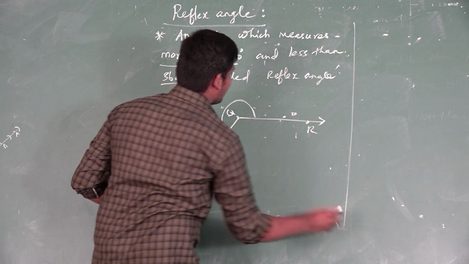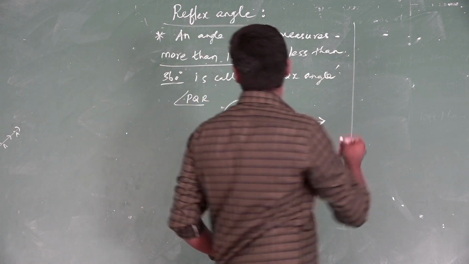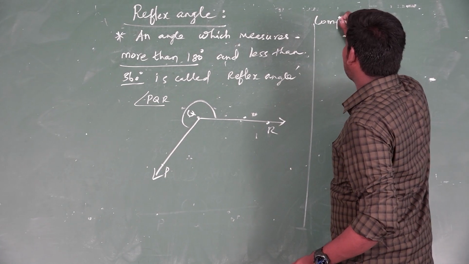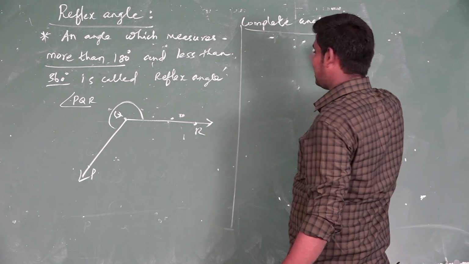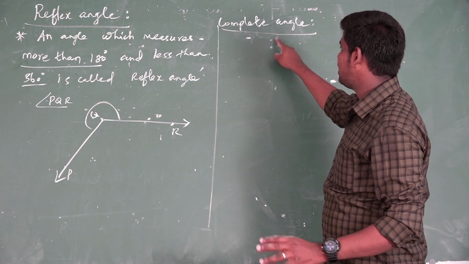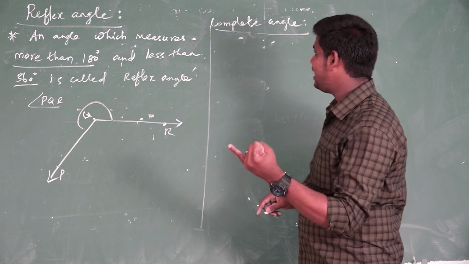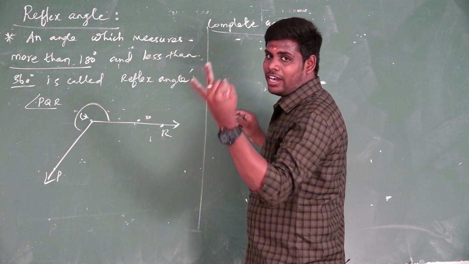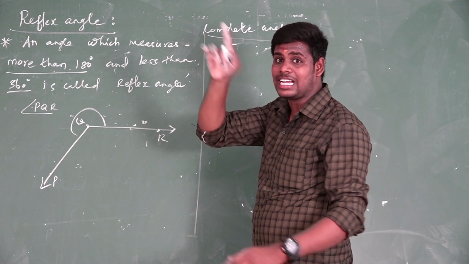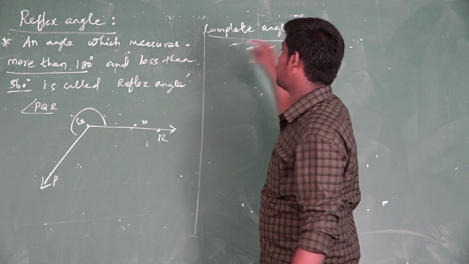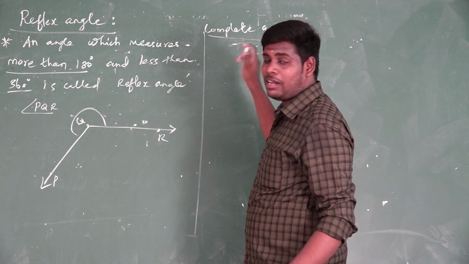And the last one is a complete angle. We know the definition of right angle and straight angle. 90 degree means right angle, 180 degree means straight angle, and 360 degree means a complete circle, so we call that a complete angle.